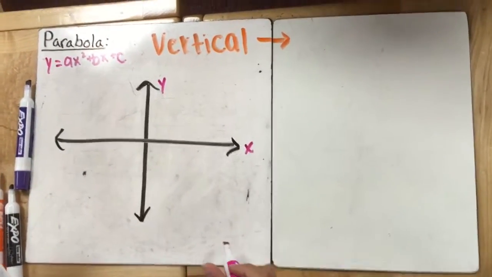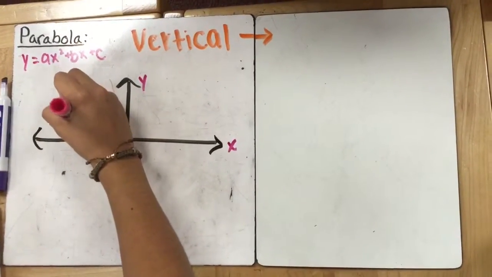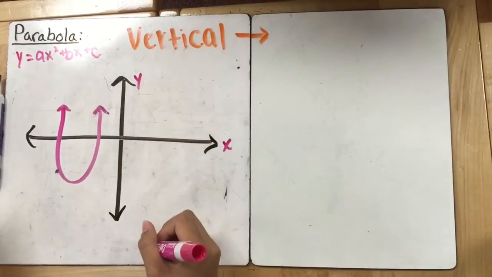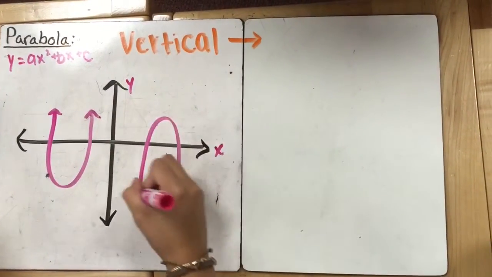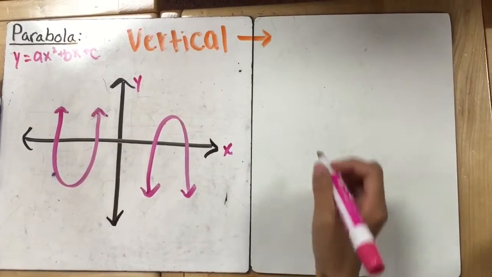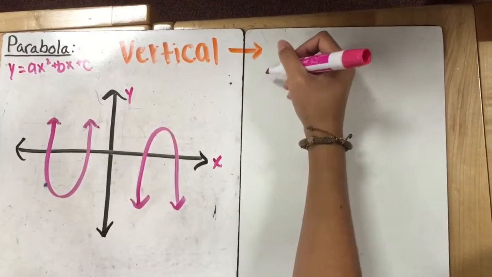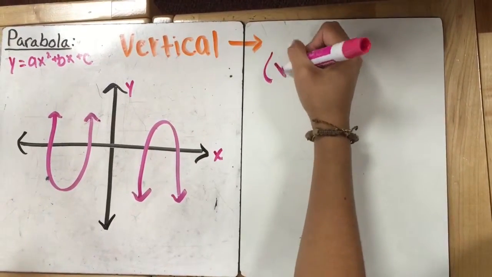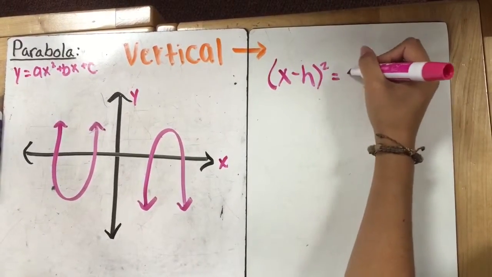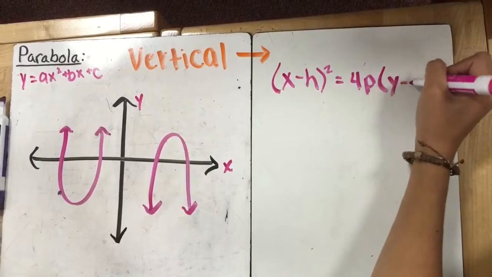A parabola with a vertical line of symmetry is going to be crossing the x-axis, with the ends opening up or the ends opening down. So for this vertical parabola, you're going to need the equation x minus h squared is equal to 4p times y minus k.